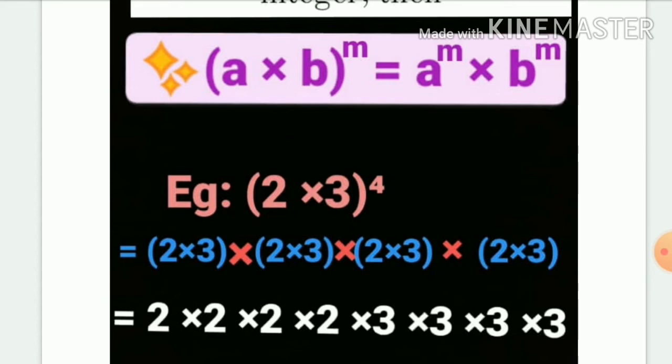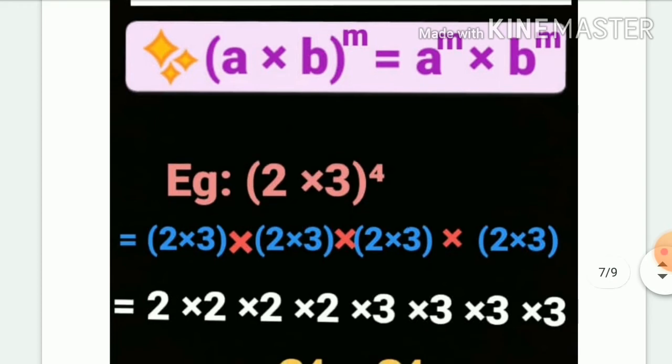Two different bases, 2 and 3. So a is 2, b is 3, and raised to 4 means 4 is our index. You know how to get the values, how to split the number, how to simplify it.